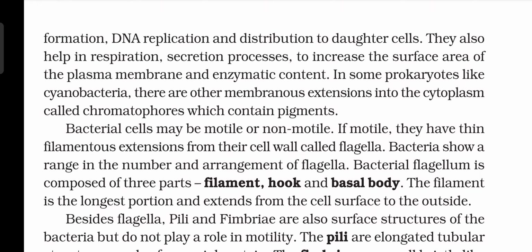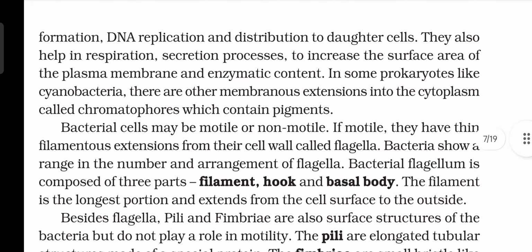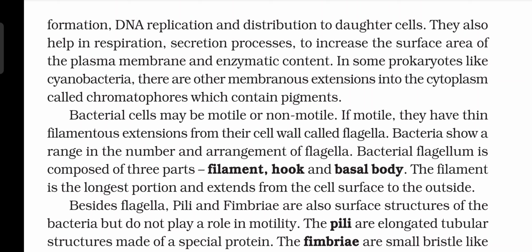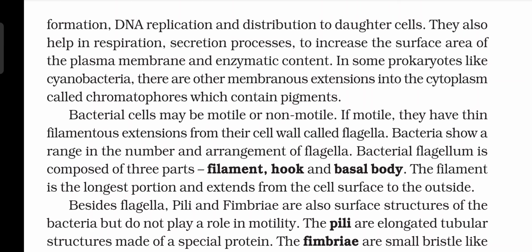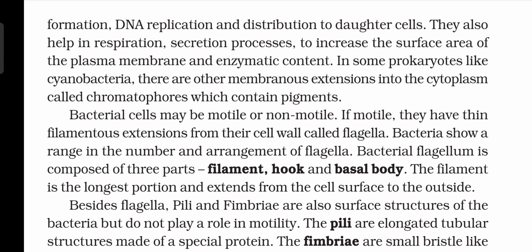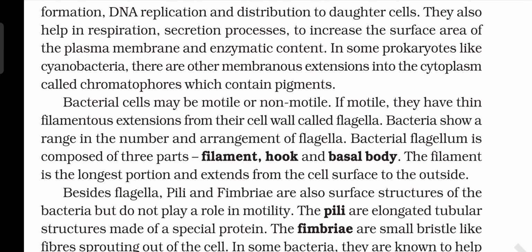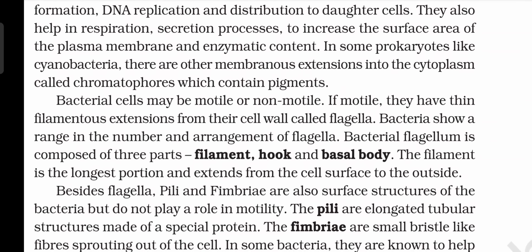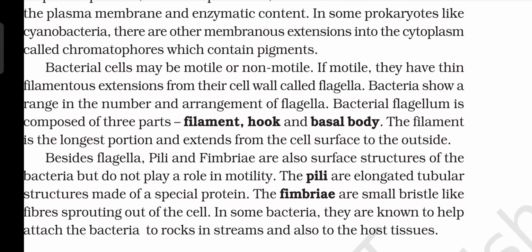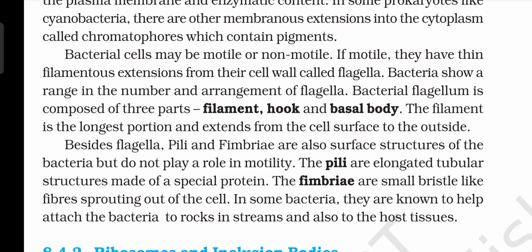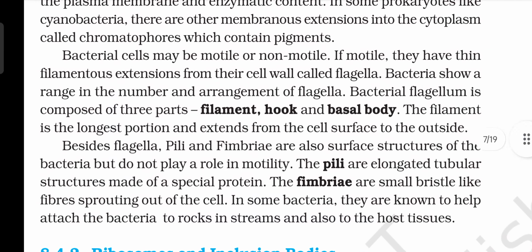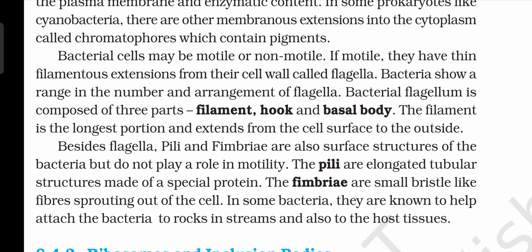They also help in respiration and secretion processes, to increase the surface area of the plasma membrane and enzymatic content. In some prokaryotes like cyanobacteria, there are other membranous extensions into the cytoplasm called chromatophores, which contain pigments.